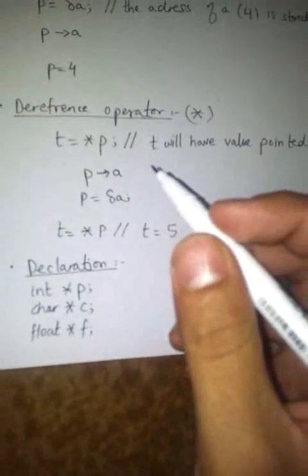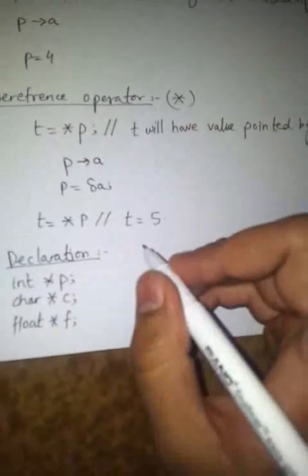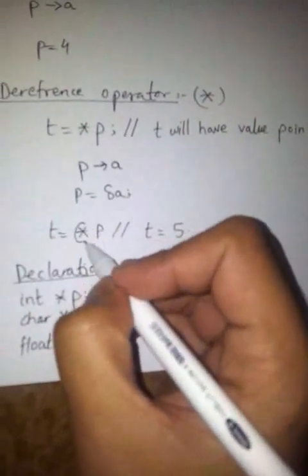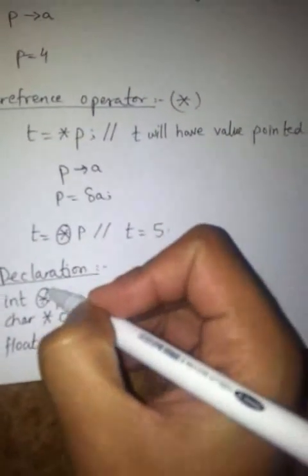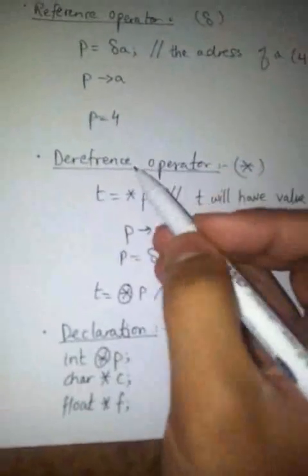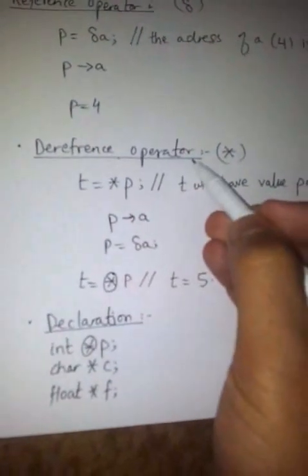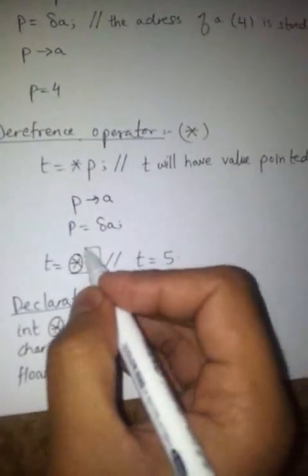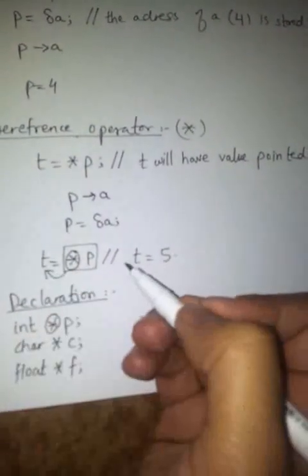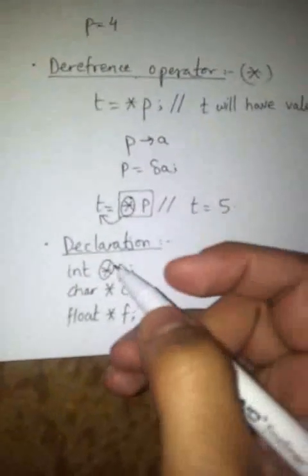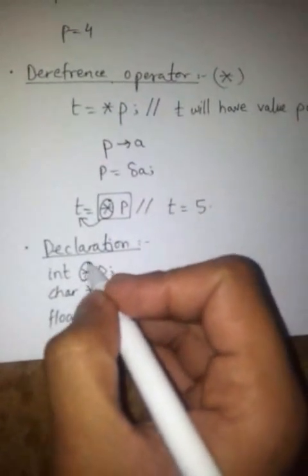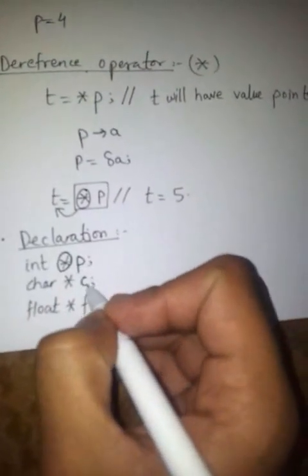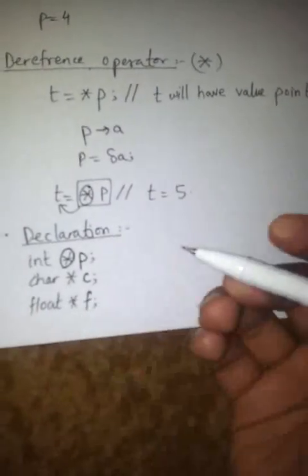One thing you shouldn't confuse is that you should not mix this asterisk sign with the other one. That one was for the dereference operator, for having the value pointed to by p stored in t. And here it's just a symbol used to show that the variable p is a pointer, or the variable c is a pointer, or f is a pointer.